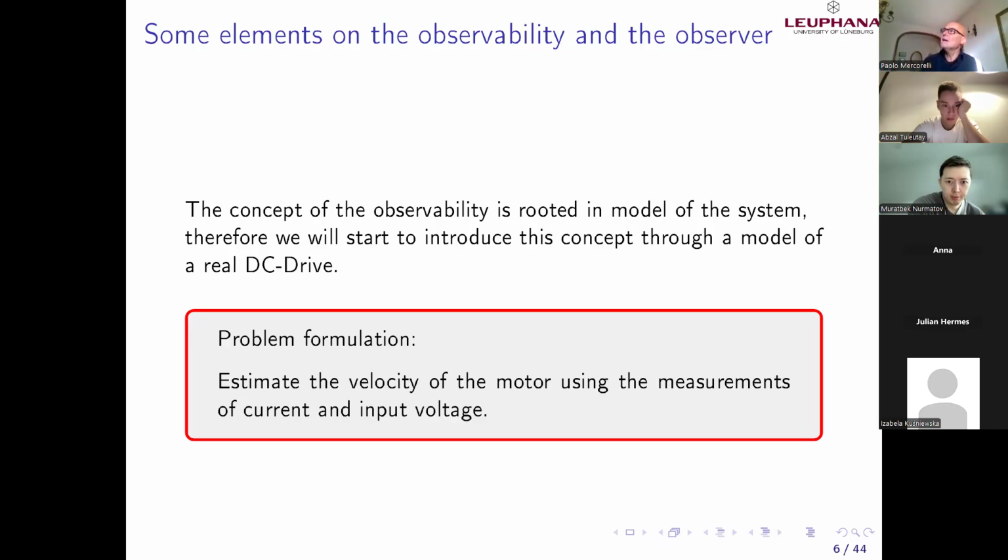Therefore, we use the estimated variable and not the measurement. But it's easy to understand also practically. If you think about the word filter, Kalman filter or filter, we filter the signal.